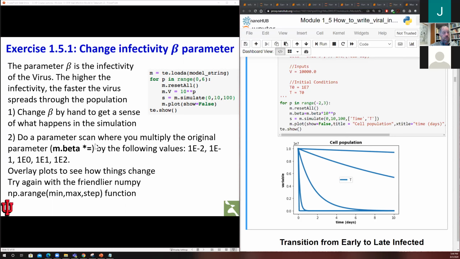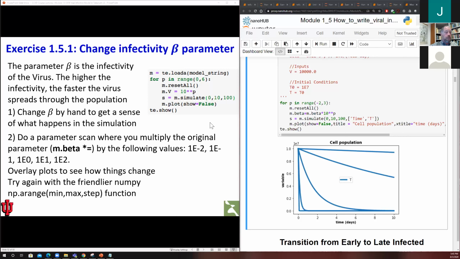You've got two graphs for some reason. You sure you've got show equals false turned on? I'm not sure.